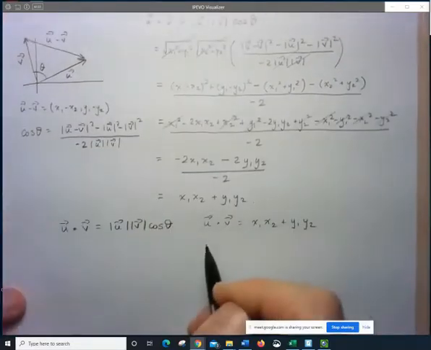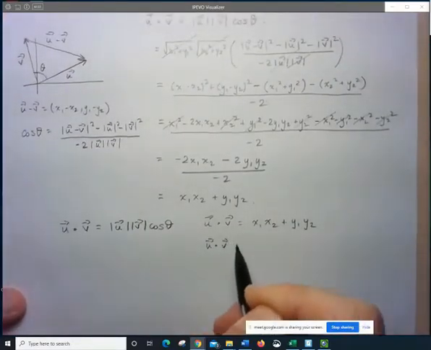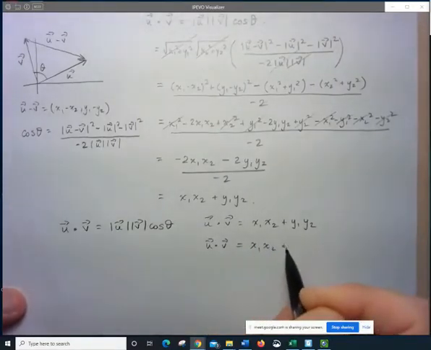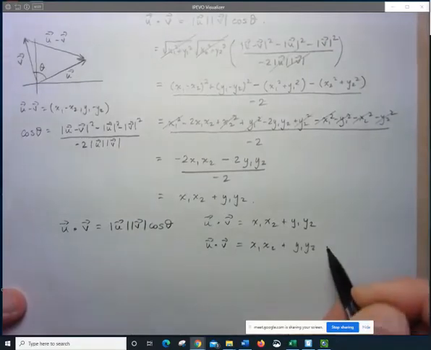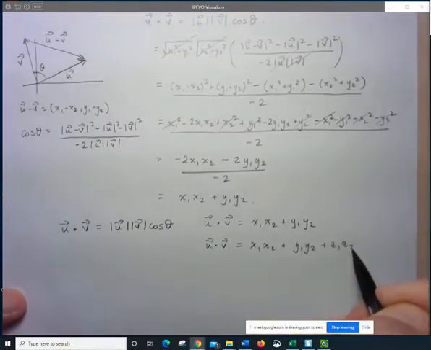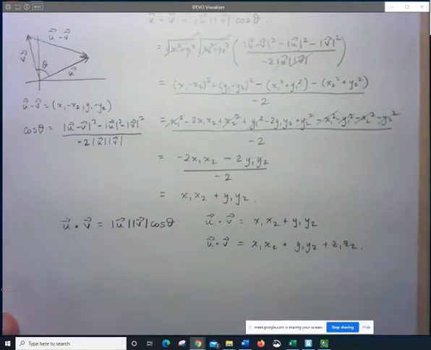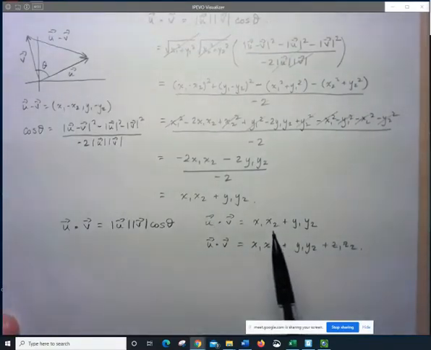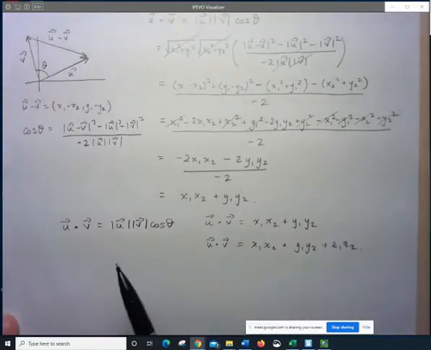So this same definition applies in 3D. It would just be x1 x2 plus y1 y2 plus z1 z2, only depending on the individual components of the vectors. Now, what this means is that finding this dot product is very easy using algebraic vectors, and I'll give you a little tip for what we're going to be doing later on.